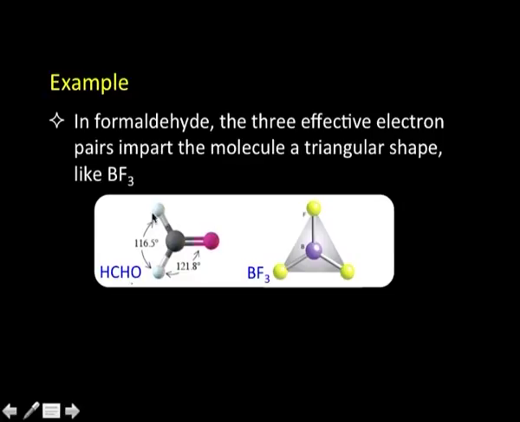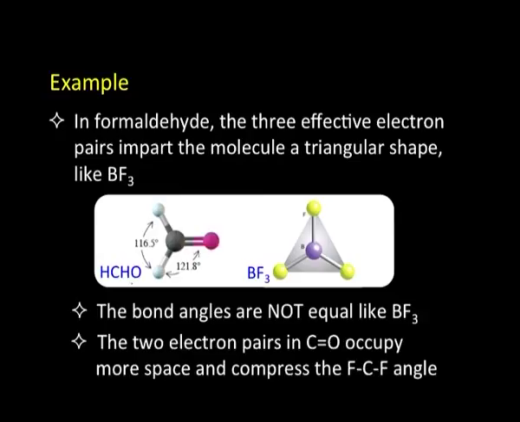As a consequence, this bond angle shrinks from about 120 degrees to about 116.5 degrees. So, shape wise, this is triangular, but the bond angles tell the effect of this double bond over there. The bond angles are not equal as in case of BF3, and secondly, the electron pairs in the carbon oxygen double bond, since they occupy more space, compress the HCH angle there.